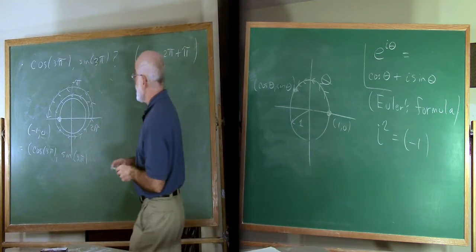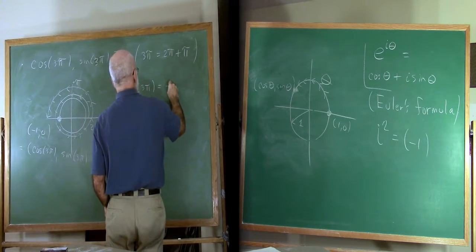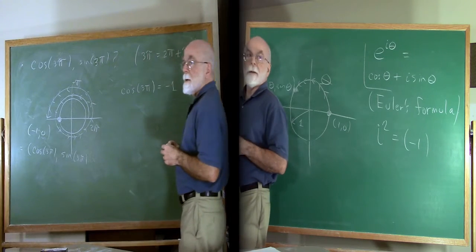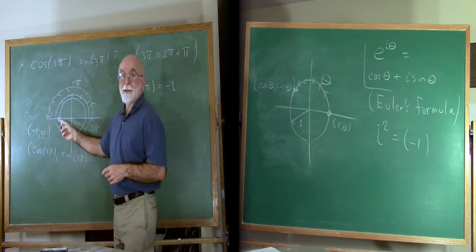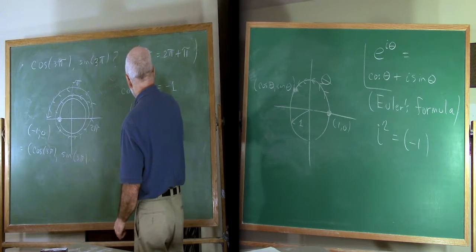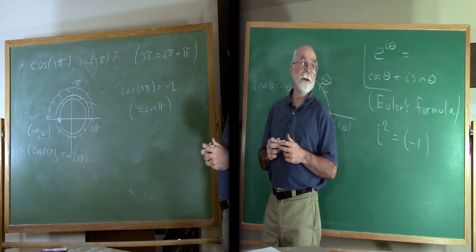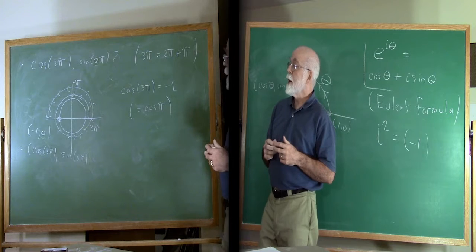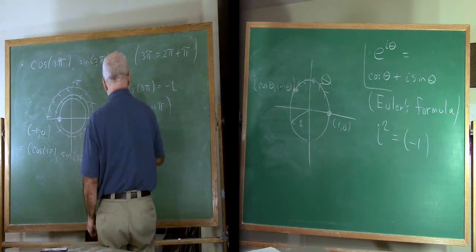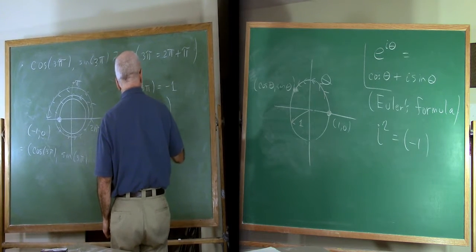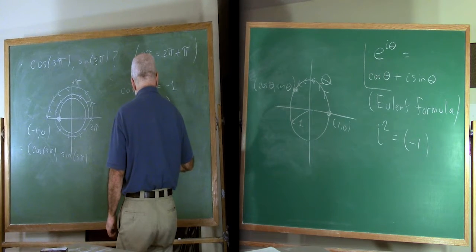Cosine of 3 pi is the -1. But that's actually the same as the cosine of pi. Same cosine. We already calculated that one. And sine of 3 pi equal to 0. The same as the sine of pi.